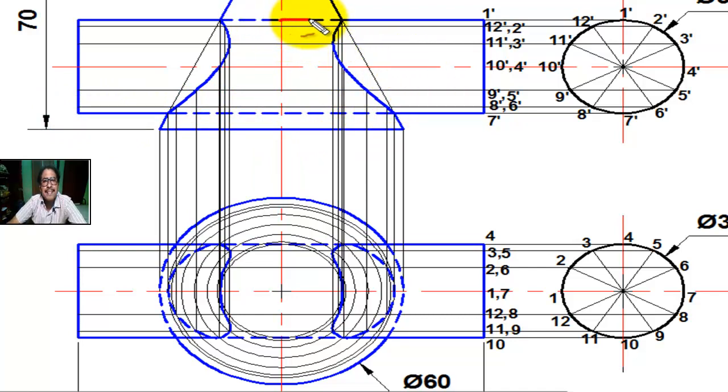Now with this radius of 1 dash, we draw a circle on the top view.